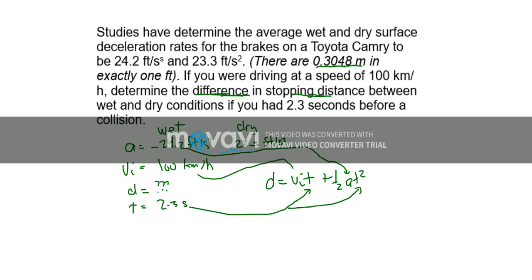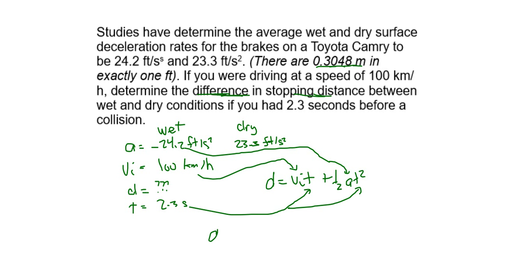Velocity value. When you're done, you're going to take your distance on the wet surface. Here's what makes this question challenging: the units. We do some converting of units before we plug numbers in.